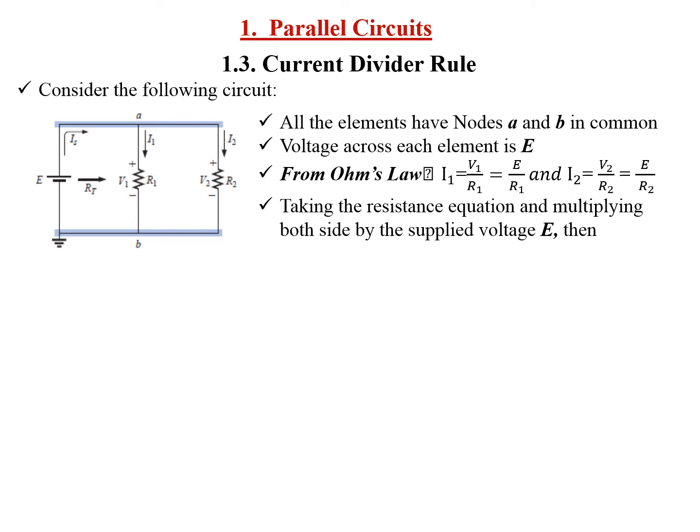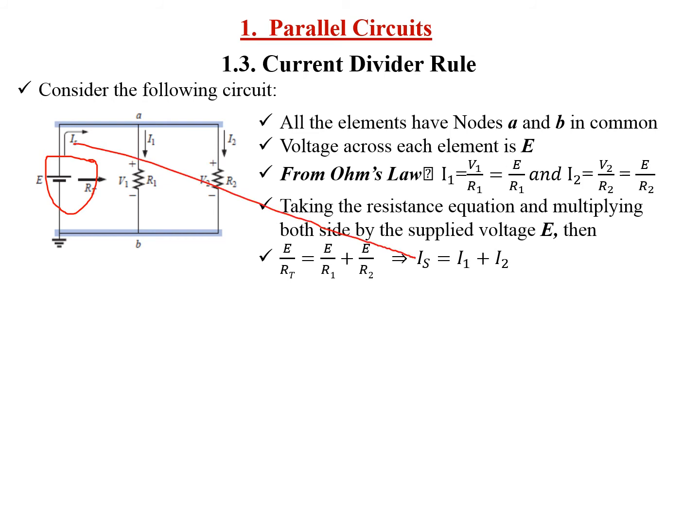Then taking the equation and multiplying both sides by voltage E, you realize that E over RT becomes equal to E over R1 plus E over R2. Looking at this, E over RT is the total current.